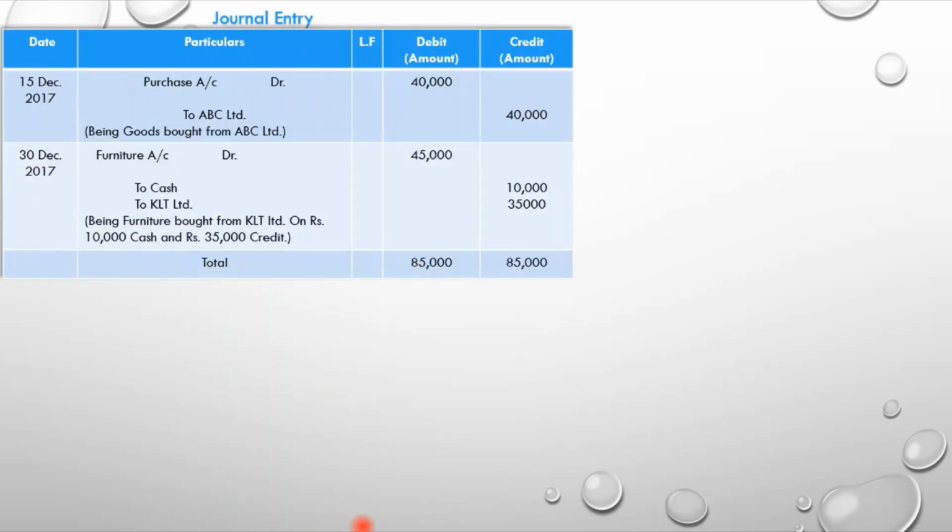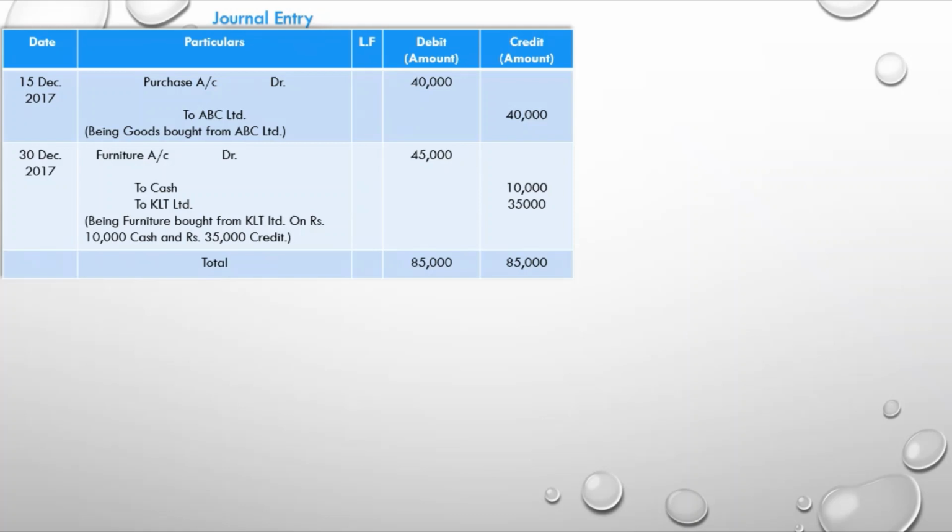Now I have given you a summary of the journal entries and how you have to post those entries into the ledger. So gradually we will see here. The first entry is purchase account debited with 40,000 and ABC Limited credited by 40,000. And then on 30th December, furniture account has been debited 45,000, cash credited, KLT Limited credited 35,000.